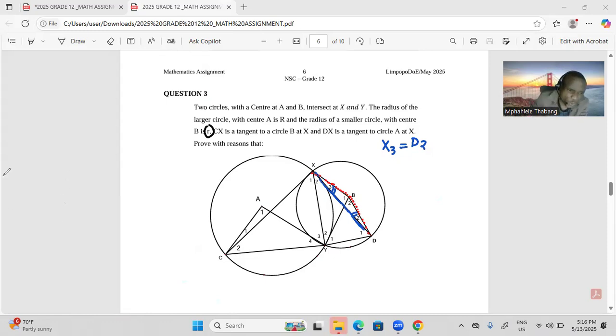Now, if you go still on this idea of isosceles and equal angles, let's go to the triangle ACY. Do you know, guys, that AC is equal to AY?